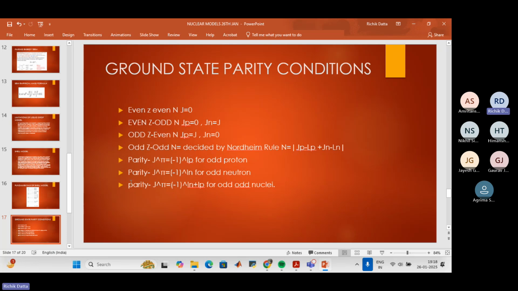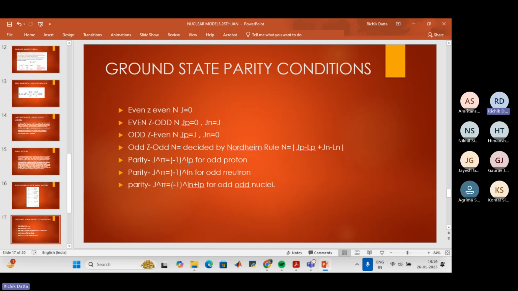And the parity, how will we describe it? For the proton number, J to the power pi equals minus 1 to the power Lp. Lp is the orbital, that is S, P, D, F and so on. So for odd proton, we will describe the parity. Suppose I am finding out some atom and it has come that 1d 5 by 2.